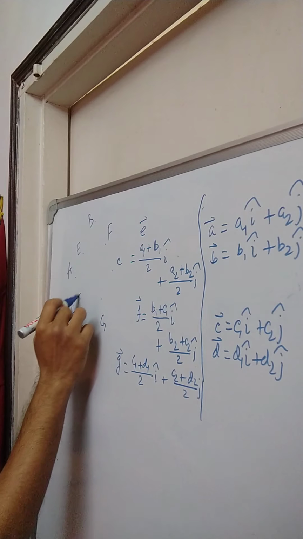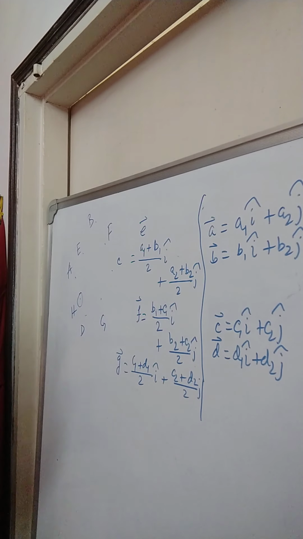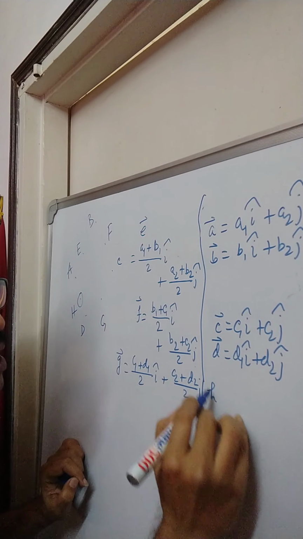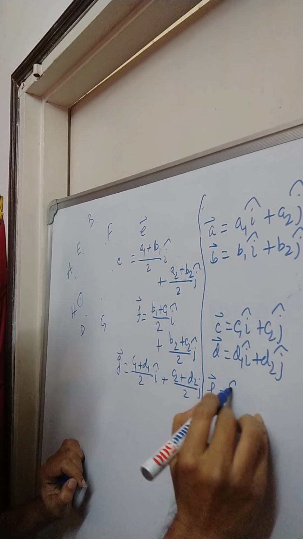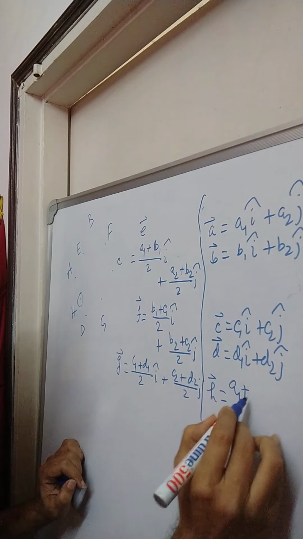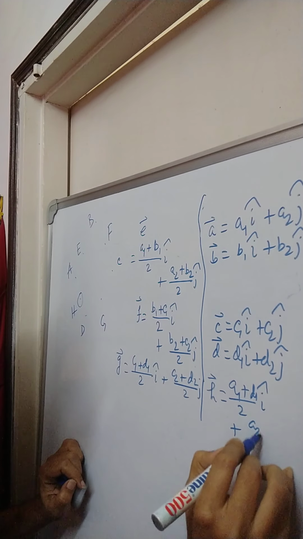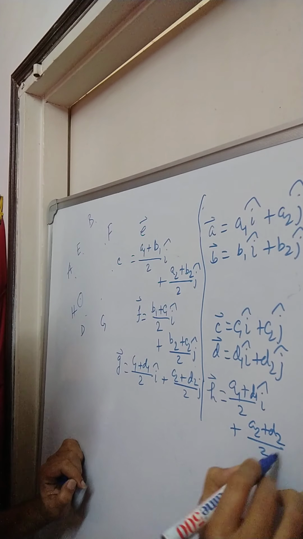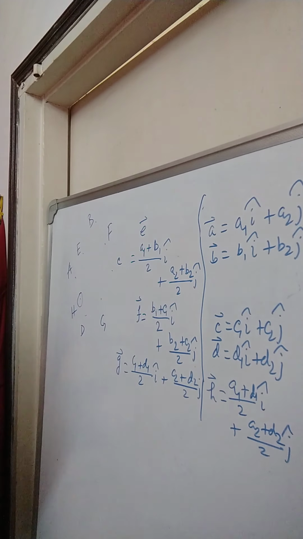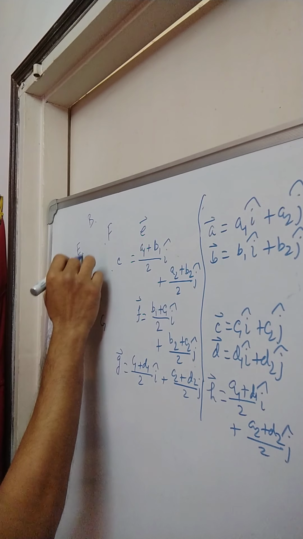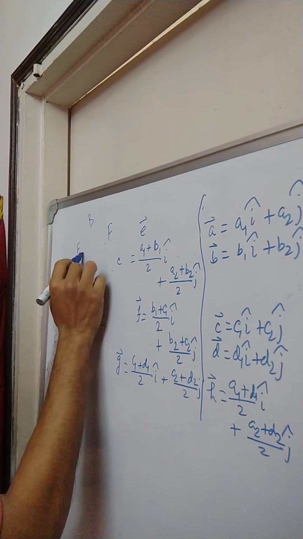Lastly, we have H, which is the midpoint of A and D. So, what will be H? Obviously, H will be A1 plus D1 by 2 i cap plus A2 plus D2 by 2 j cap. So, we have E, F, G, H. Now, we have to prove that EFGH is a rhombus.